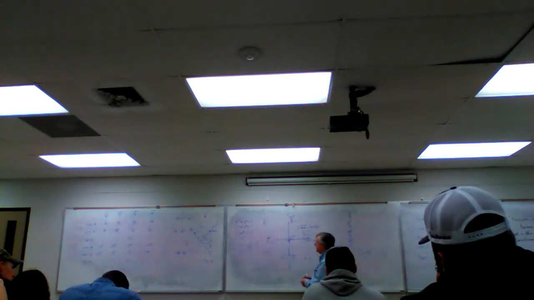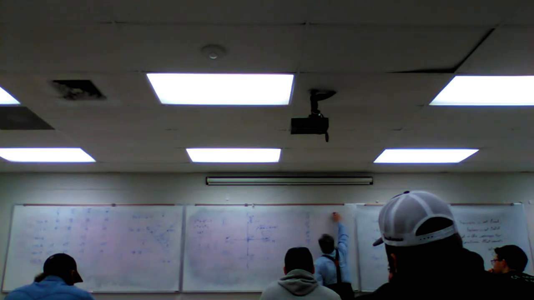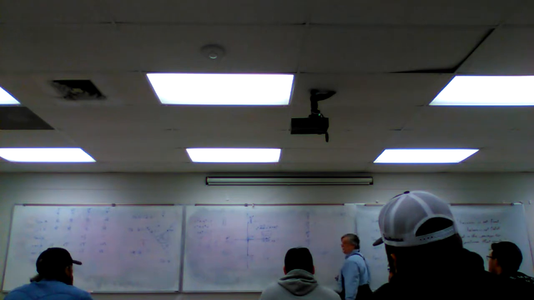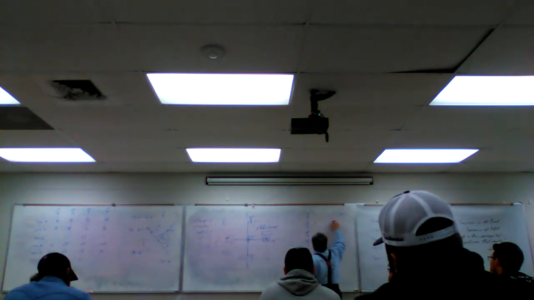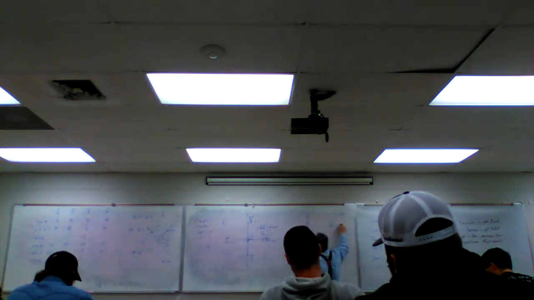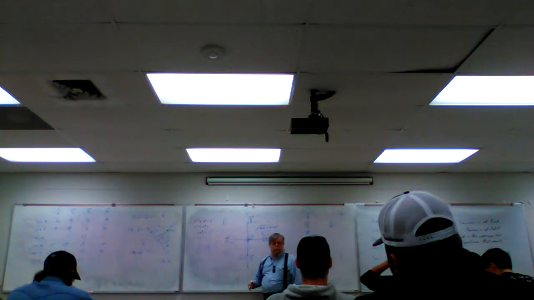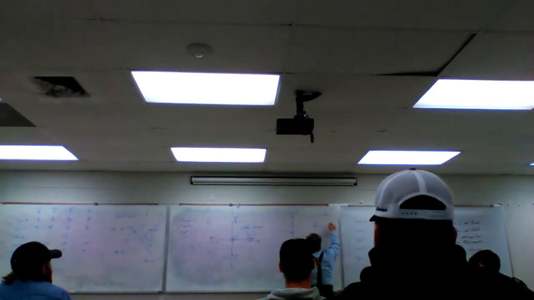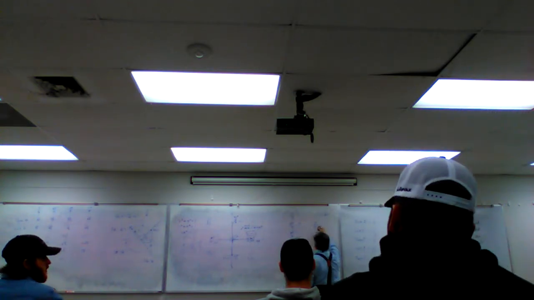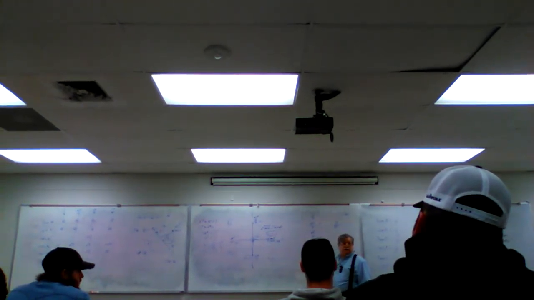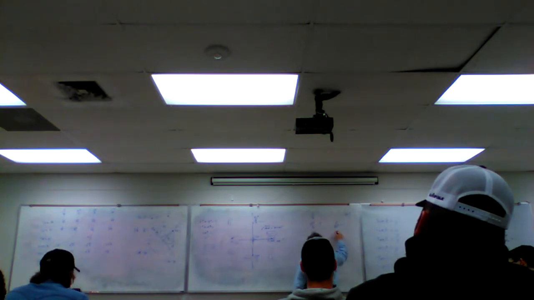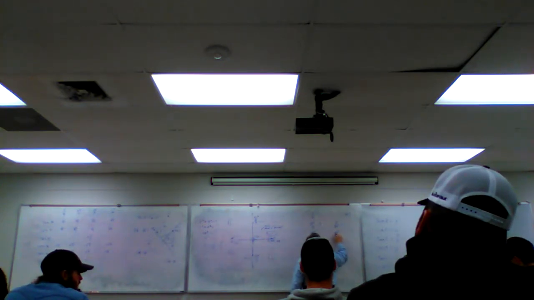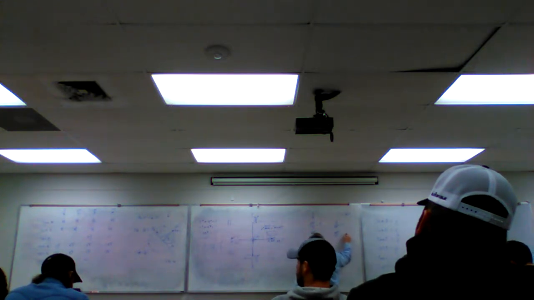So pi radians is equal to 180 degrees. Therefore, pi radians divided by 180 degrees is equal to 1. You can multiply anything by pi radians per 180 degrees, or you can multiply anything by 180 degrees divided by pi radians.